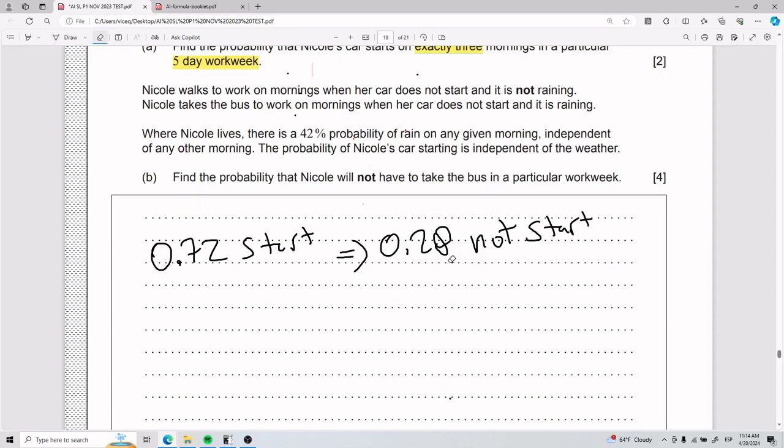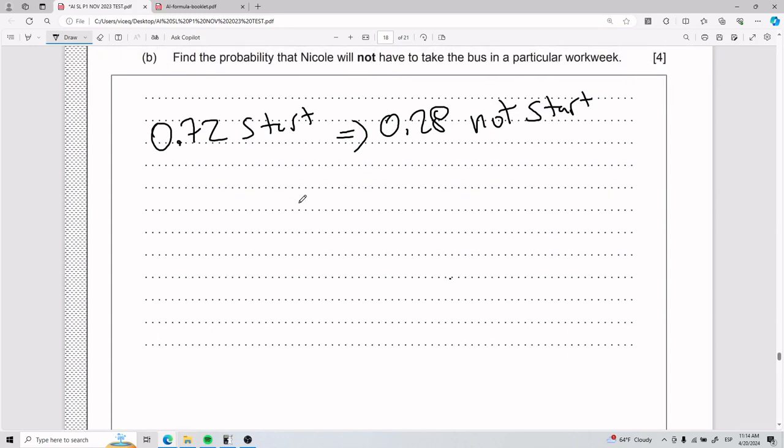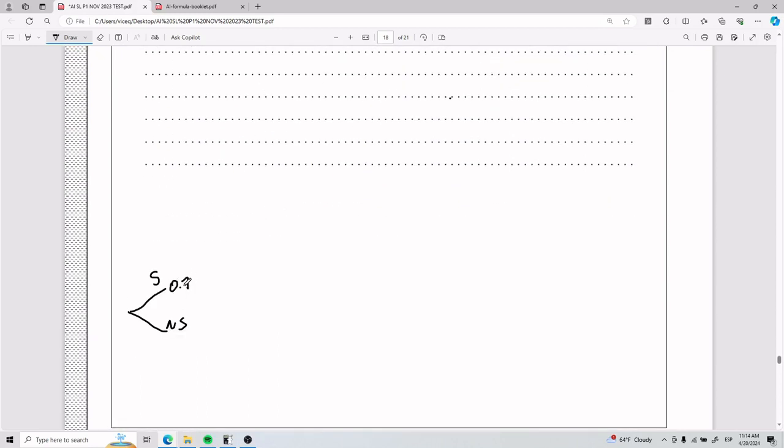And so from here, maybe some of you would think, okay, technically I can do a tree diagram, right? So this is start, this is not start. And up here, I'm going to have 0.72, and down here, I'm going to have 0.28. And you can do this for the 5 days. But you're going to notice that this is first day, this is second, this is third, this is fourth, this is fifth.